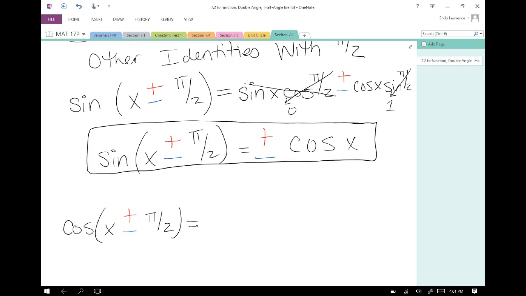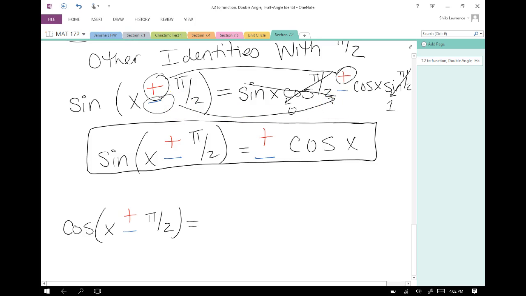The way that I like to explain it, and if you watched my video for section 1, you might remember, sine is the nice guy. He likes to share. So that's why we did sine and cosine in the first term and sine and cosine in the second term. He likes to mingle, and he keeps the same sign. He doesn't switch the sign on you. If it's plus here, it's plus here. If it's minus here, it's minus here.